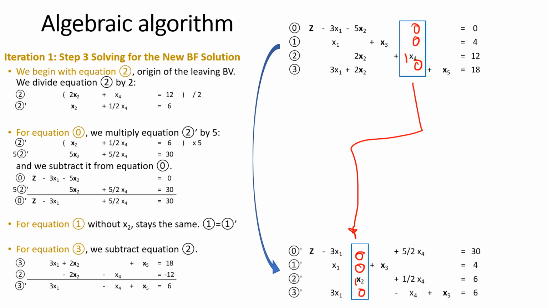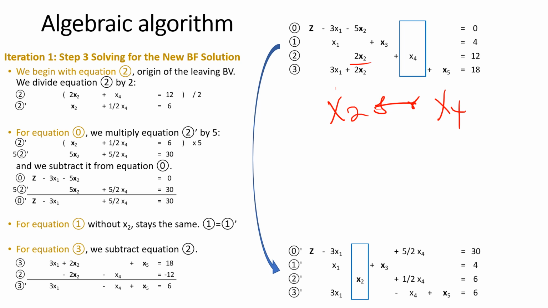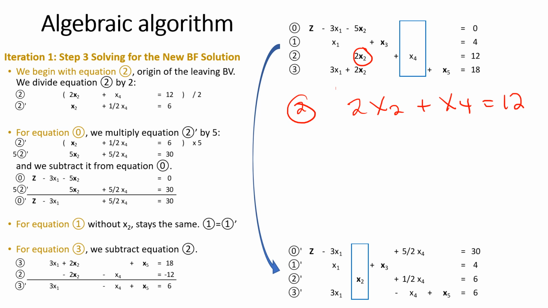So we're going to be working for each equation. Our first equation is where we want to do this change between x2 and x4. And the equation that has those two variables is equation number 2. So we're going to start with equation number 2. Equation number 2 is 2x2 plus x4 equals 12. That means we got a 2, and we need this coefficient of 2 to become 1. The easy way to do that is by dividing by 2.